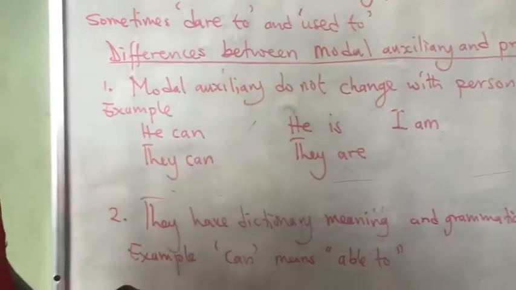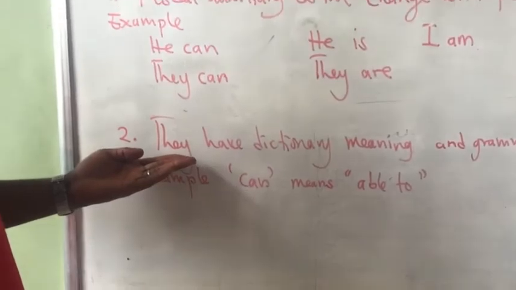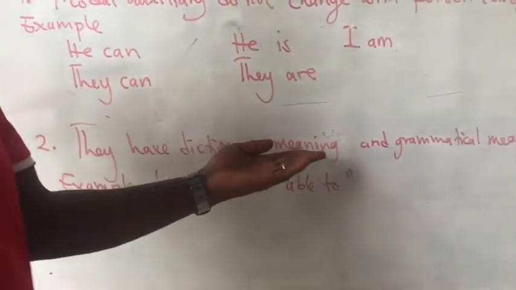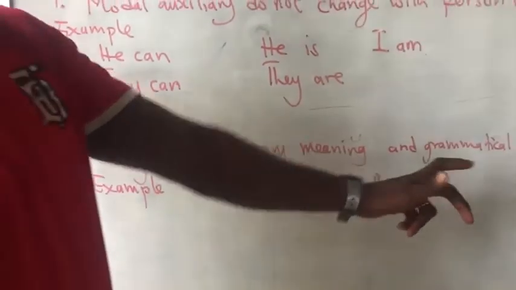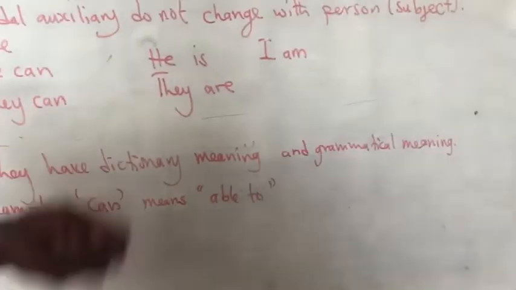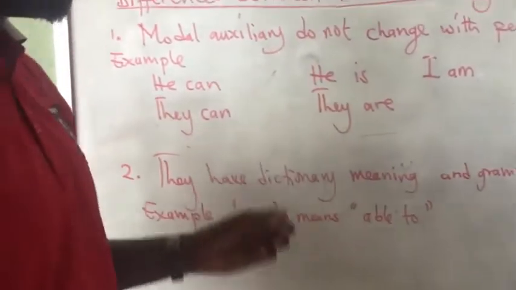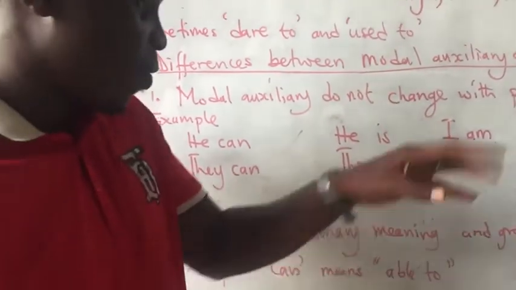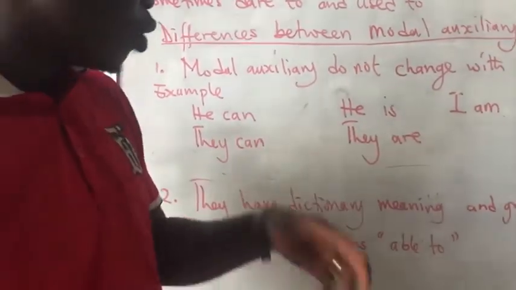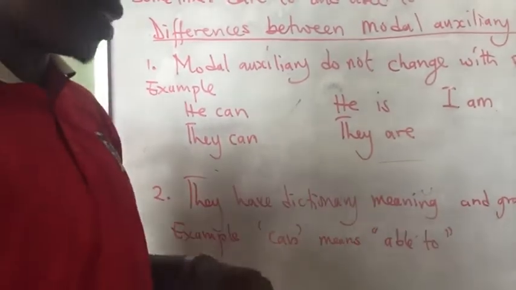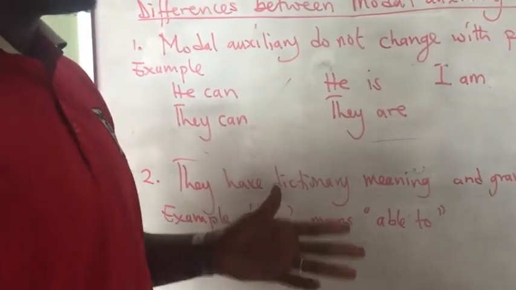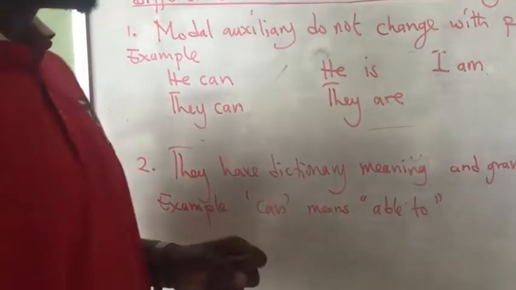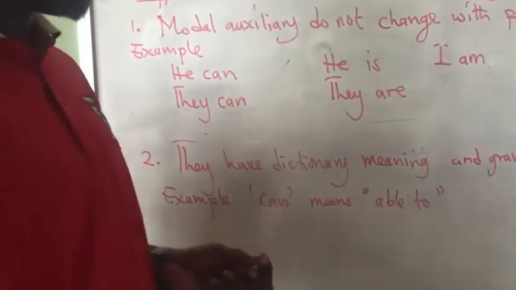Now the second difference is that the modal auxiliaries have dictionary meaning and grammatical meaning. The grammatical meaning is their function as auxiliary verbs or helping verbs. So whilst they can function as helping verbs, they also have dictionary meaning. When you go to the dictionary, you can find their meanings. But when you look at the primary auxiliary, not all of them have. Majority of them do not have dictionary meaning. It's just one or two.